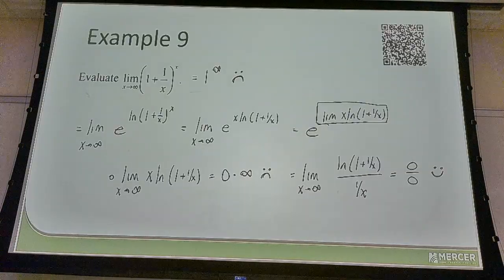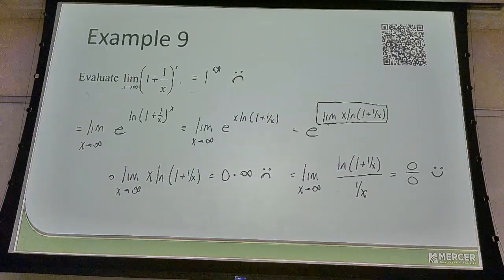Which can be simplified, but I'll write it that way for right now and simplify it later.